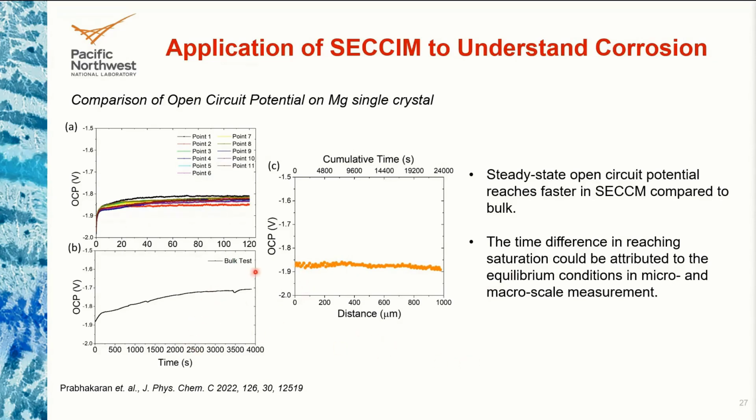And we found that by keeping the other experimental parameters constant, you can typically maintain the OCP over time or across different reactions, so that you are seeing here across the different points on a single crystal surface, the response is the same.